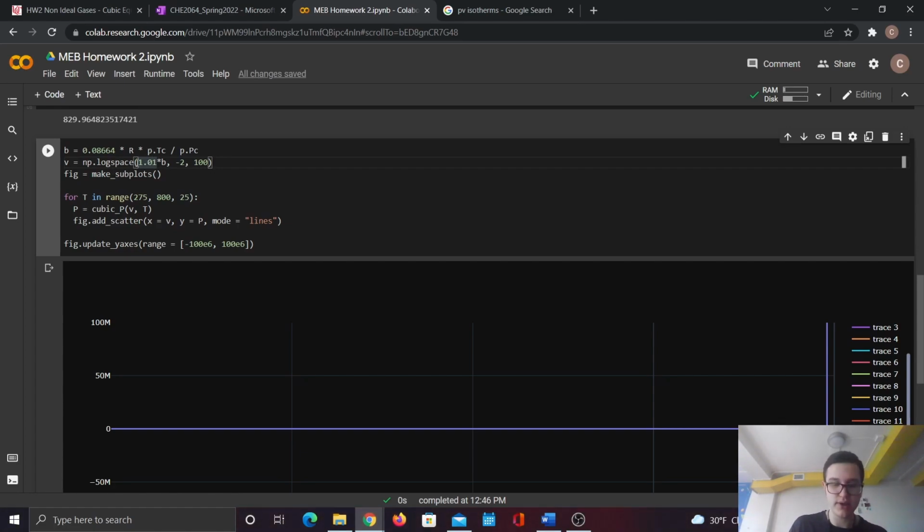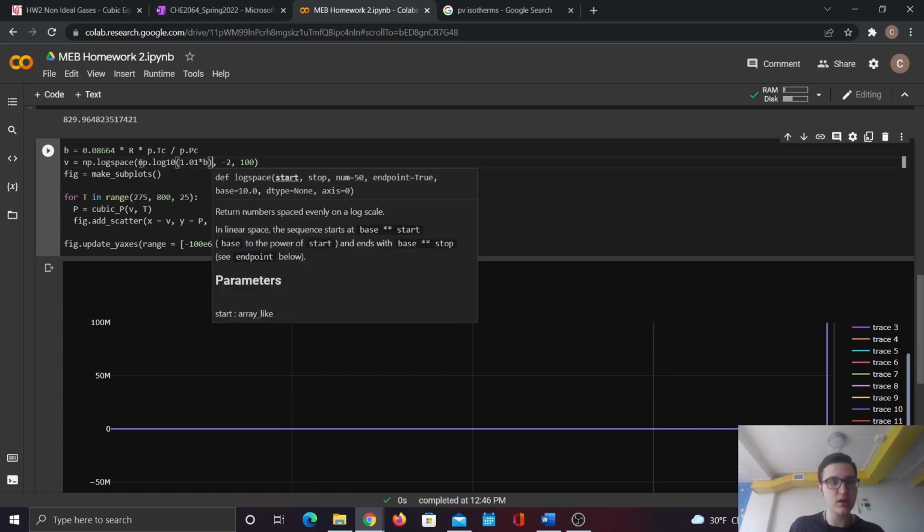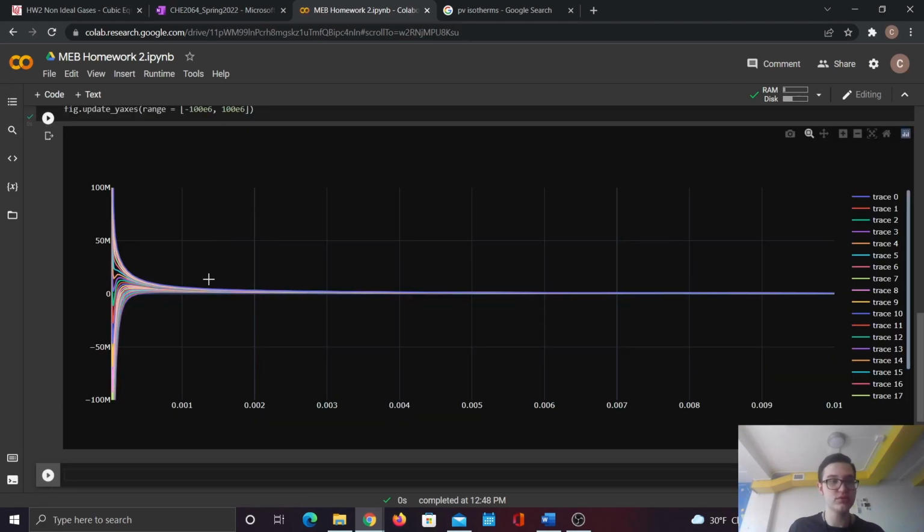To that end, we need to np.log10 this value so that it actually starts at this value here and then goes to this 10 to the negative 2, which is 1 over 100, which is 0.01. So try that, Shift Enter.